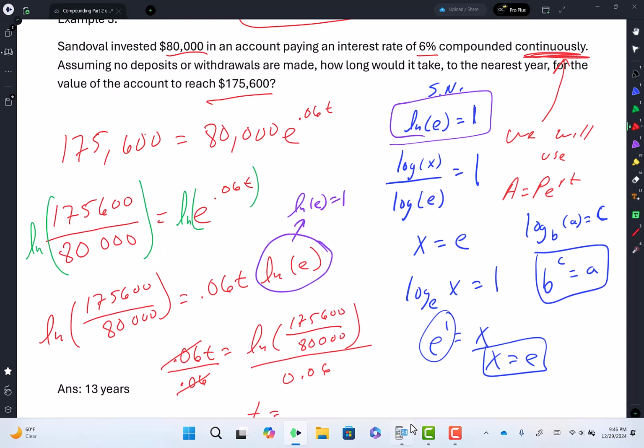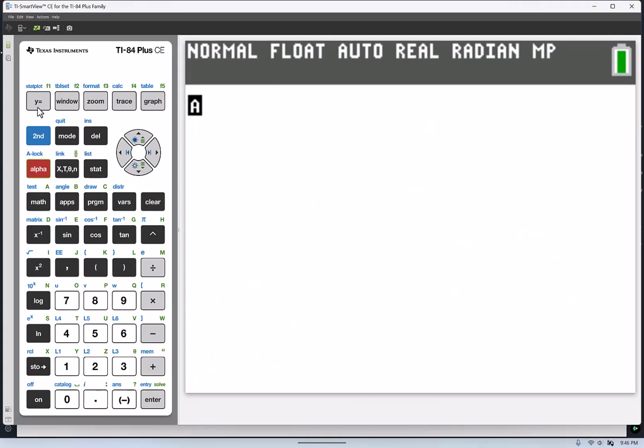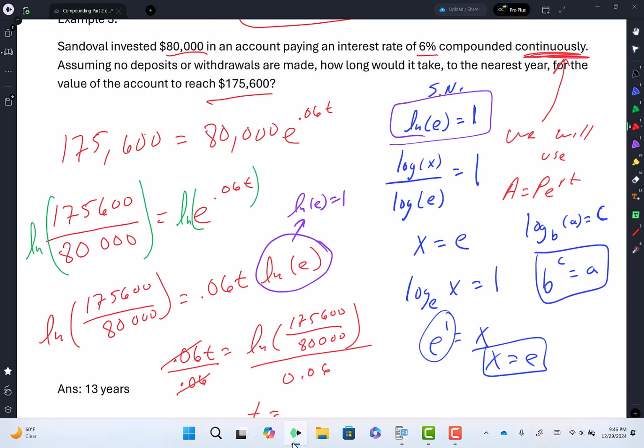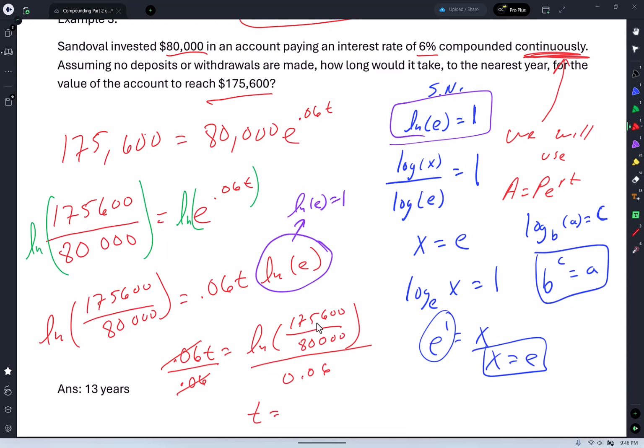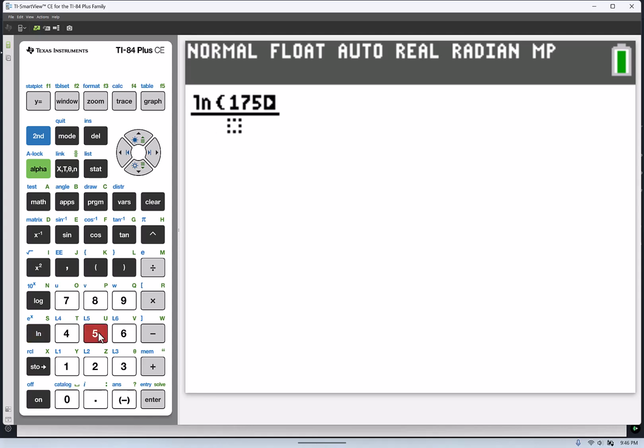All right, so ready? I'm going to go alpha, enter. I'm going to go ln and 175,600. And I didn't put the fraction feature. That's fine. 175,600.